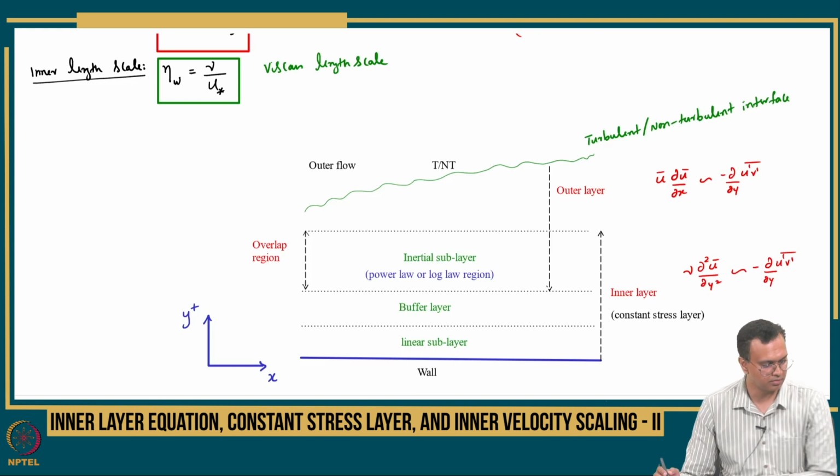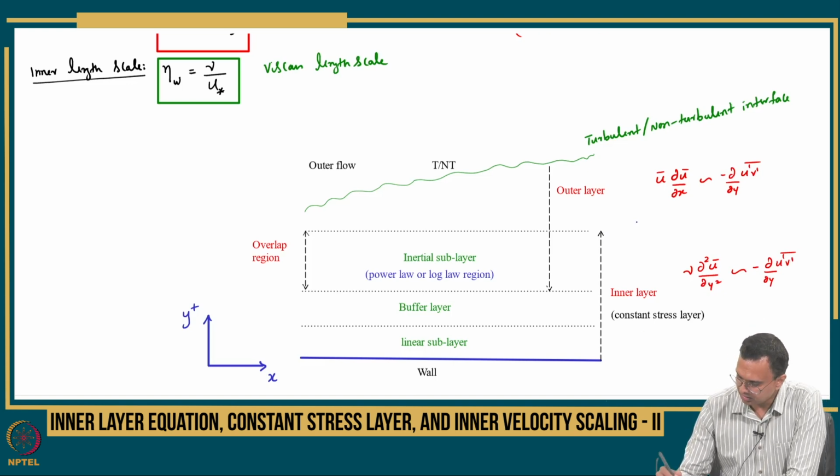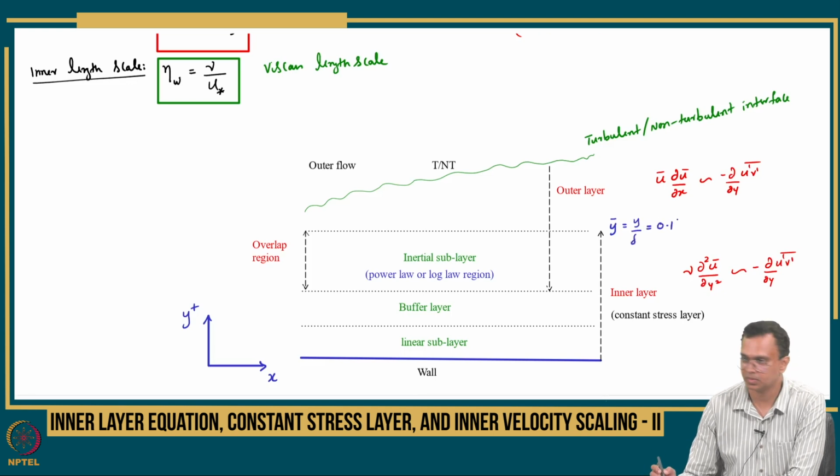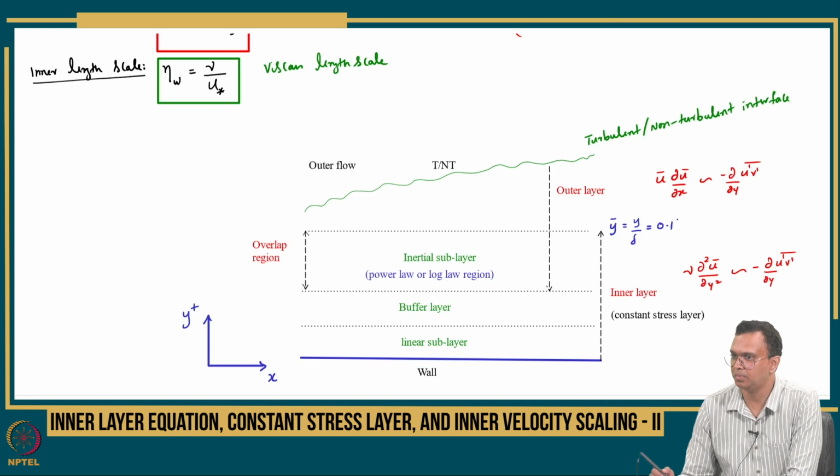I can now give values for this. The zone at which the inner layer ceases to be dominant is where y bar, which is y by delta, is equal to 0.1. That is about 10% of your boundary layer thickness.